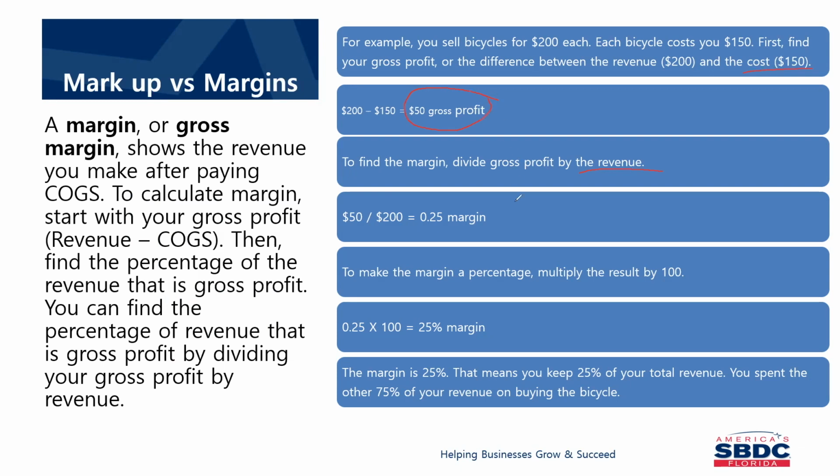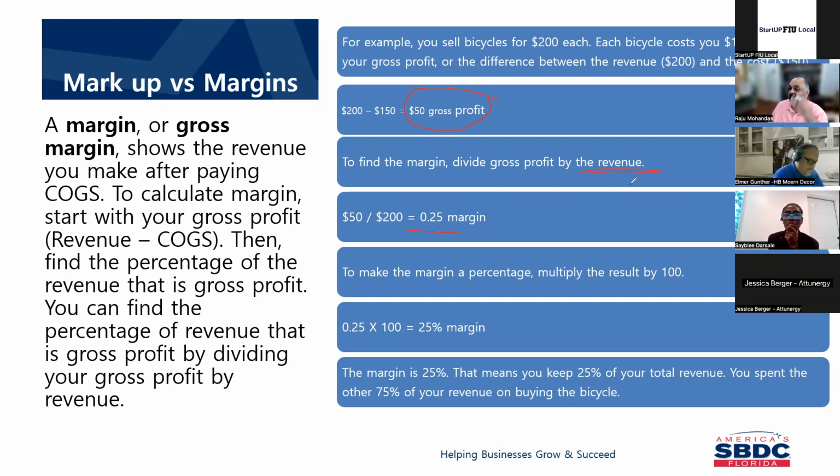That's not going to change. The margin is divided by revenue, just like we showed you in the gross margin. That's why the name should sound similar to you. Margin comes from the selling price. Markup should come from the cost. How much am I marking it above the cost?